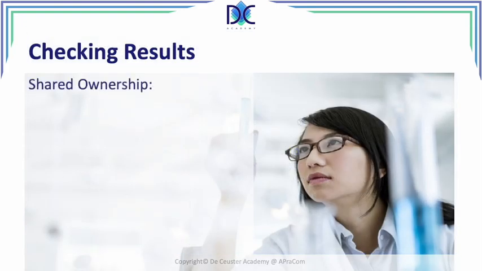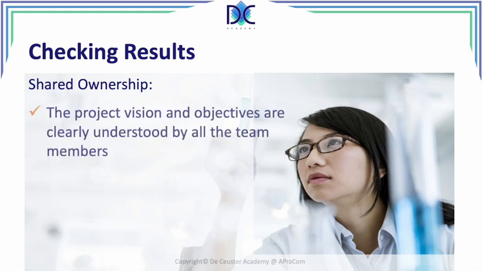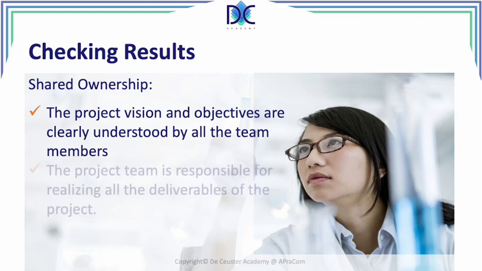When we are looking at shared ownership, how can we verify that we did a good job relating to the team and verifying the parameter shared ownership? What we can verify here is that the team members understand the project vision and objectives. All of the team members understand what the project is about, what are its objectives, and what is the vision of the project.